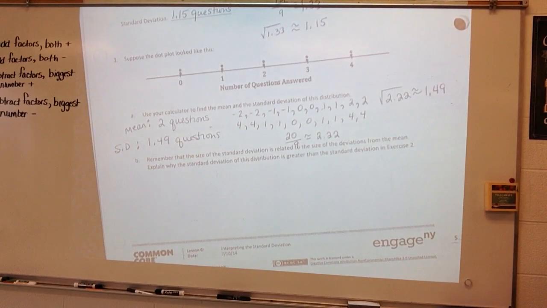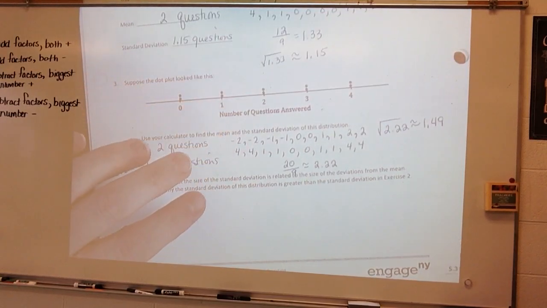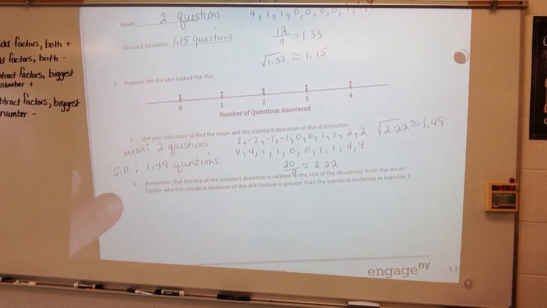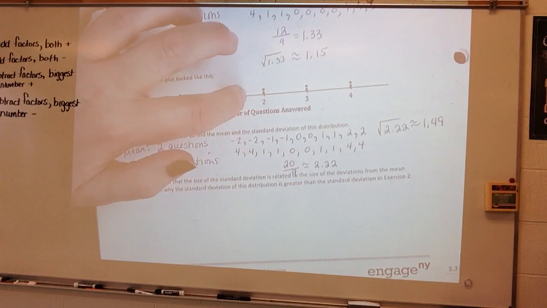Remember that the size of the standard deviation is related to the size of the deviation from the mean. Explain why the standard deviation of this distribution is greater than the standard deviation in exercise 2. So if you will look, the points in exercise 3 are, so here's my standard deviation, about right here.